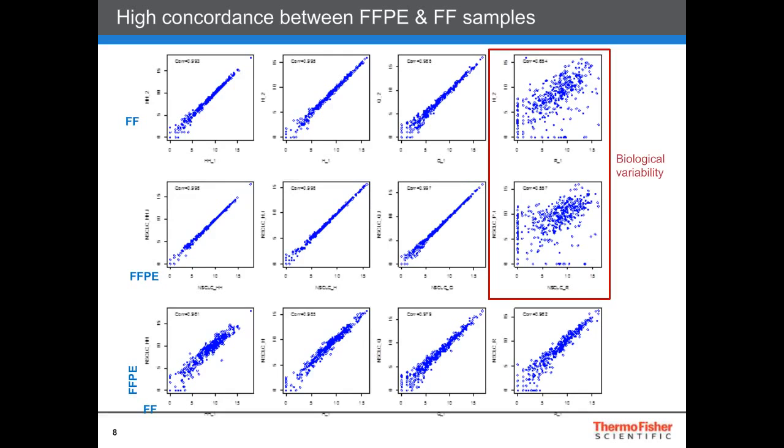And we compare that to the concordance between two different samples in this box. And you can see that, as one would expect, the concordance is much lower, indicating that the variance associated with technical reproducibility is far lower than the variance associated with a biological signal, confirming that the assay can be used for measuring biological signal.